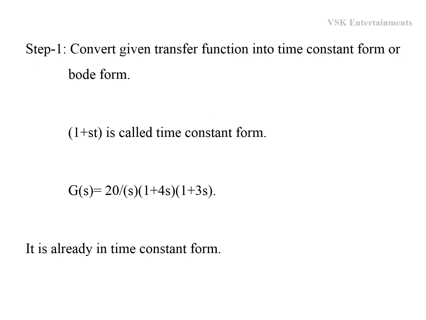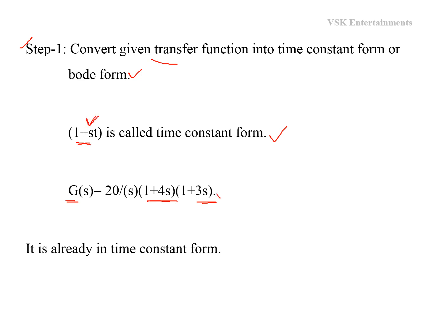Coming to the first step in the solution, convert the given transfer function into time constant form or Bode form. Here the 1 + s tau form is called the time constant form or Bode form. The given transfer function is G(s) = 20 / (s(1 + 4s)(1 + 3s)). If we observe these terms, they are already in time constant form, so there is no need of converting.